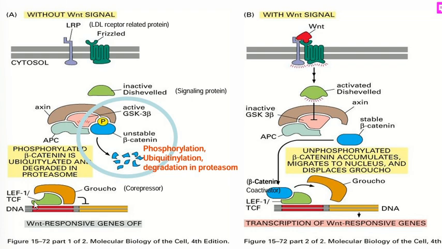In the nucleus, the lymphoid enhancer factor 1 or LEF1 and T cell factor TCF are bound to DNA, but they are paired with Groucho, which is a co-repressor that keeps WNT responsive genes off. As beta-catenin is unstable, it cannot reach the nucleus and bind to LEF1 and TCF.